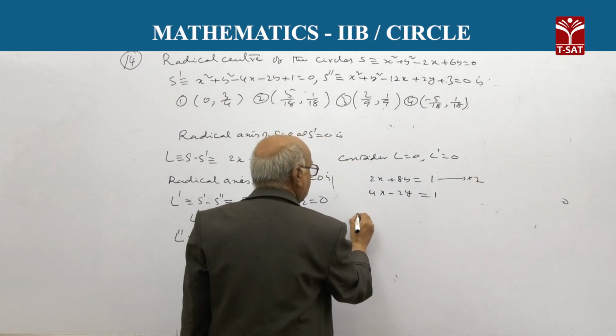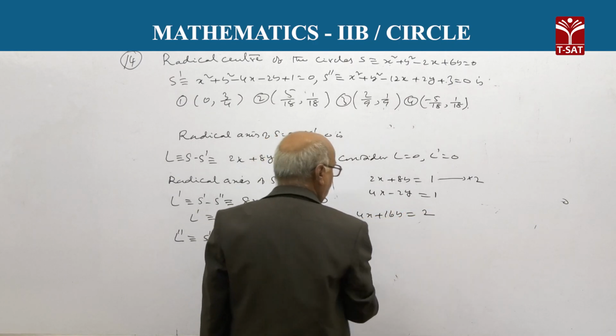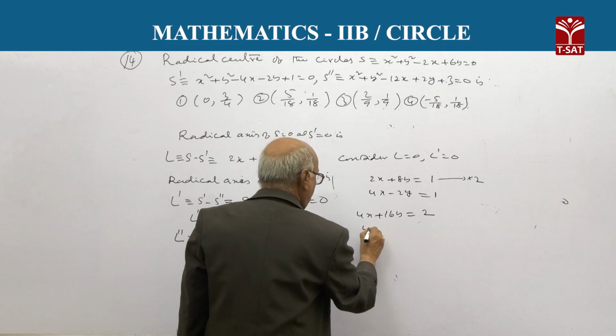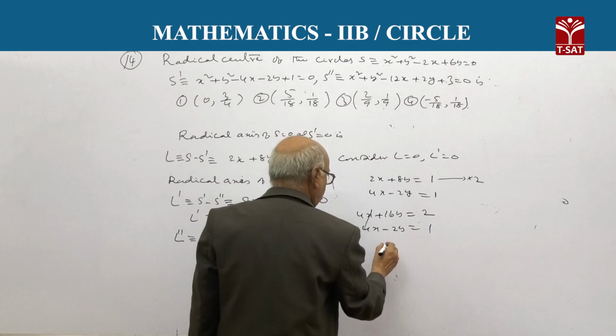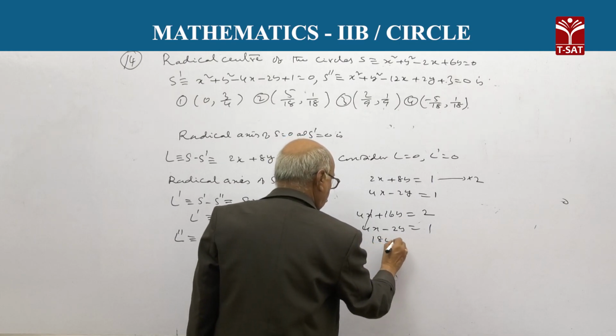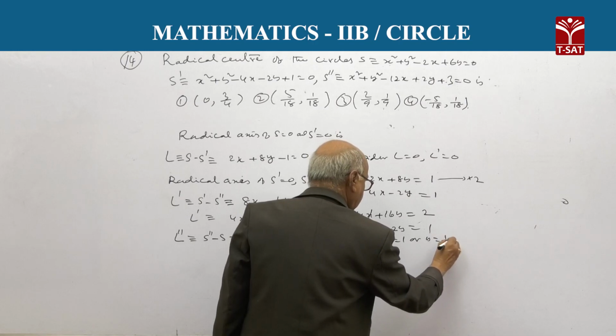So therefore 4x plus 16y is equal to 2, and 4x minus 2y is equal to 1. Subtracting, you will get 18y is equal to 1, or y is equal to 1 by 18.